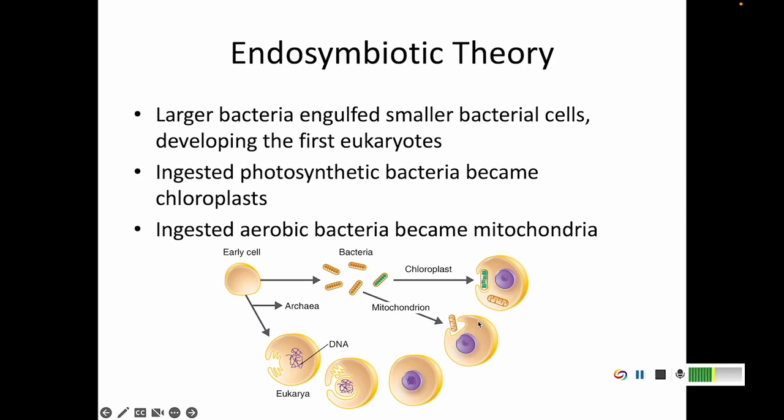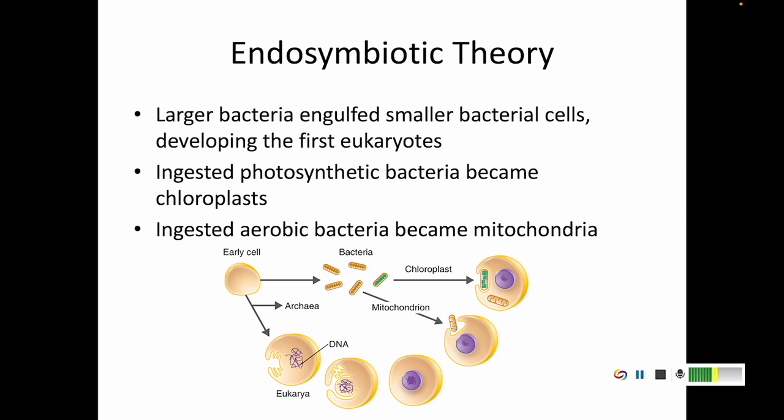And as crazy as it is that it happened once, it happened a second time. A cell with a mitochondria ingested another cell, but instead of eating it, developed a symbiotic relationship, and this little bacteria became a chloroplast. If you were to look at a cell, mitochondria and chloroplasts are both about the same size of bacteria.